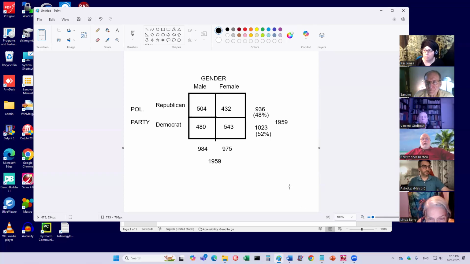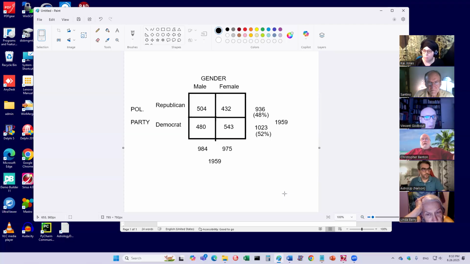Yes. Okay. You take the column total for males times the row total for Republicans divided by your grand total. That gives you the expected value here. And that's just a shortcut way of saying that percentage of 48% times 984.